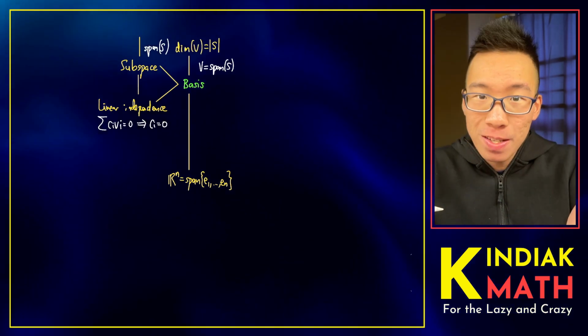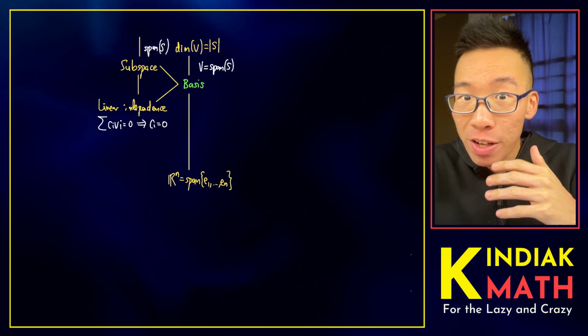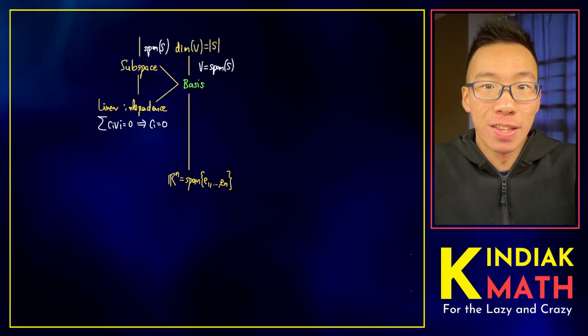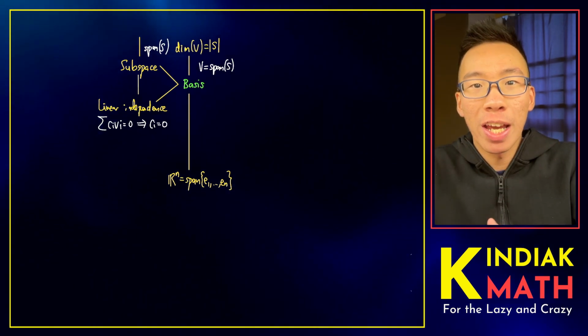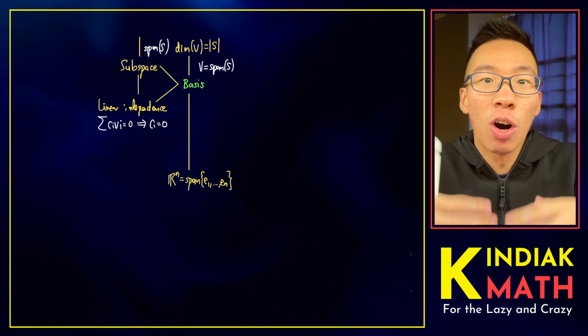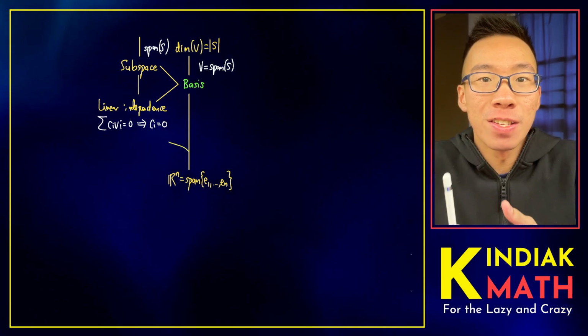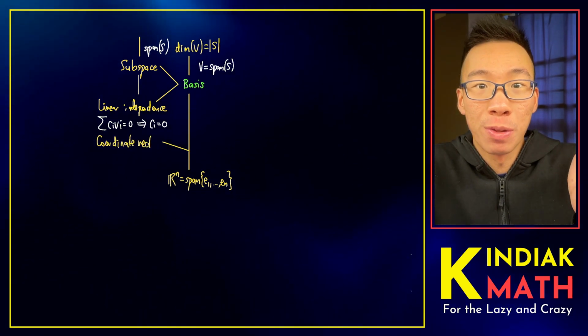However, subspaces can all have different bases. We can choose different vectors that are linearly independent that represent the subspace. And for each of these bases, we will get a unique collection of coordinates that describes vectors in the subspace. This is called the coordinate vector with respect to the basis.